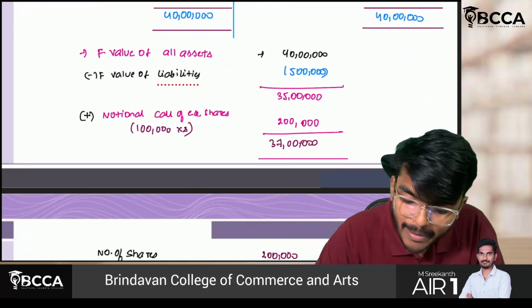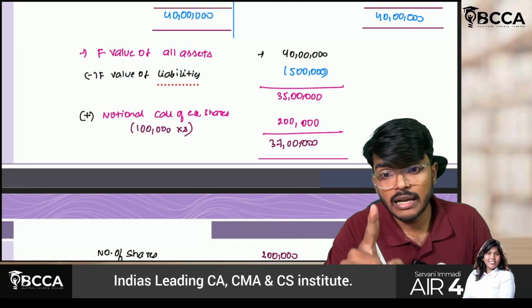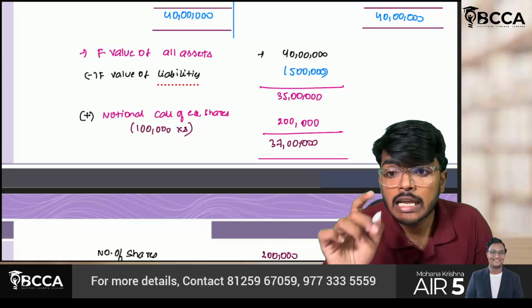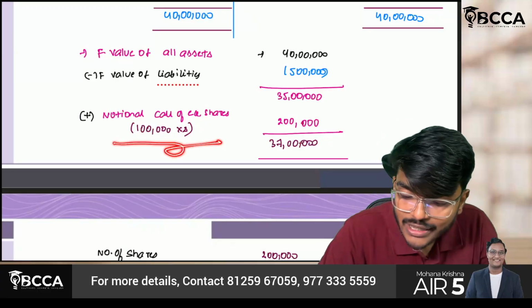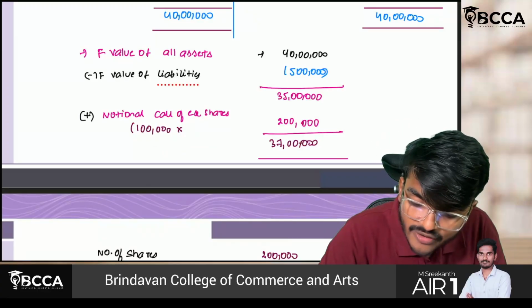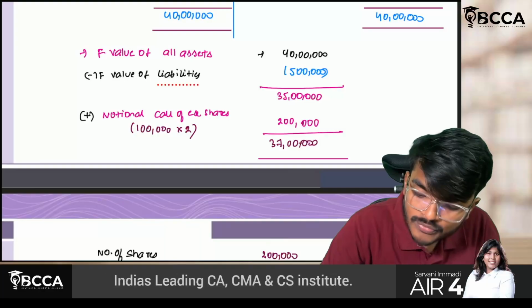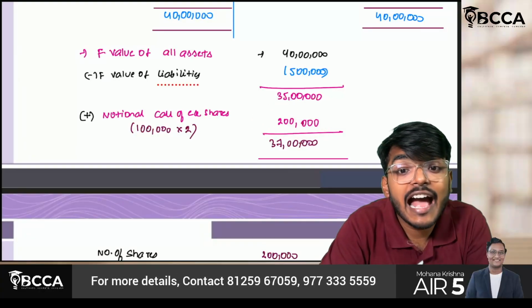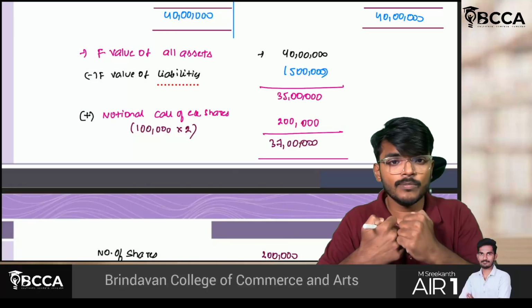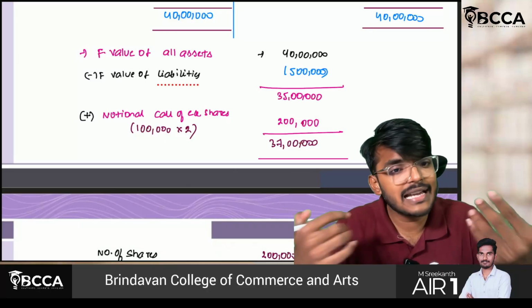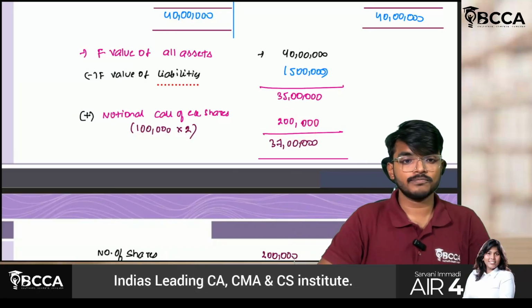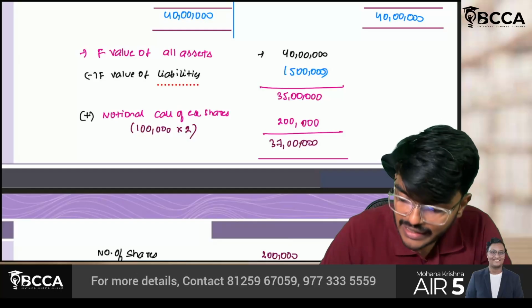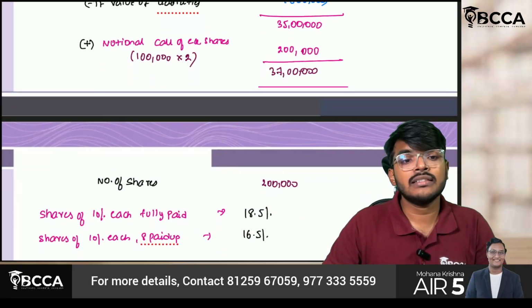Okay sir, but that is a notional call, which means those 1 lakh shareholders will pay me 2 rupees, so your total will be how much? My total will be 2 lakh. Arey Baba, I will be receiving cash from those shareholders, which means obviously my net assets will increase by 2 lakh rupees, which means it will be 37 lakh.